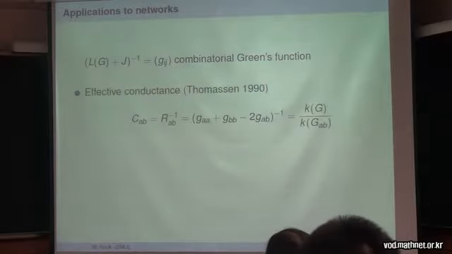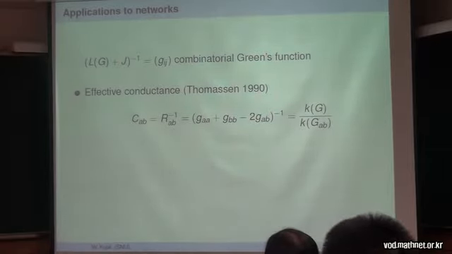So let me just remind you what I talked about 4 years ago. Because this LG plus J is invertible, let's see what we can do when we take its inverse matrix. We decided to call this the combinatorial Green's function.